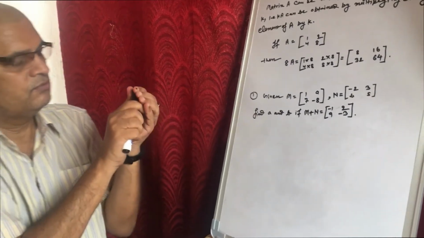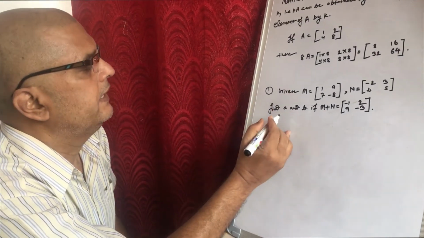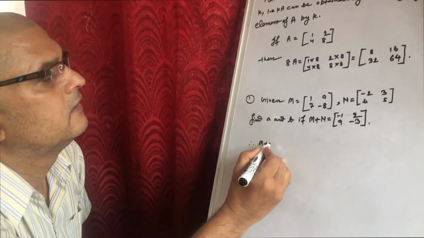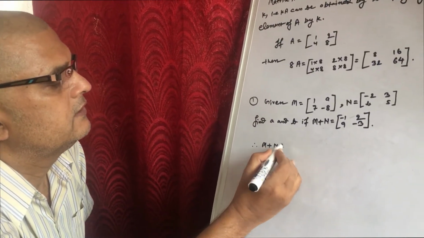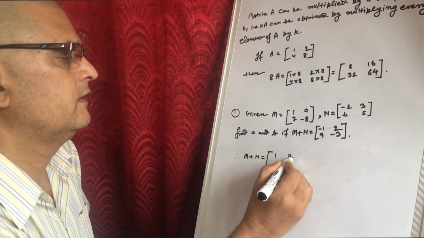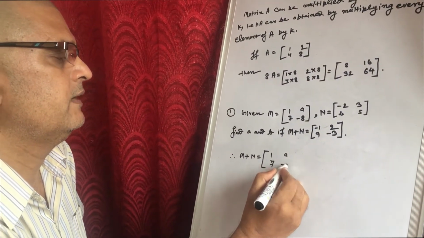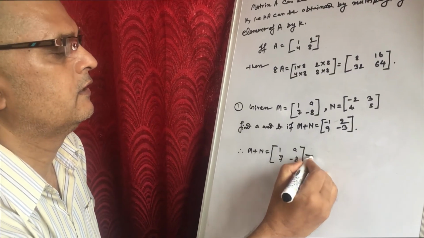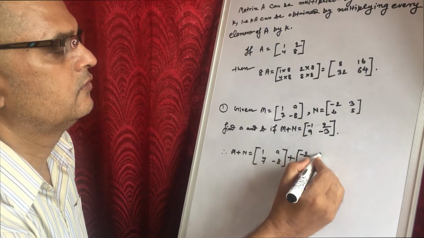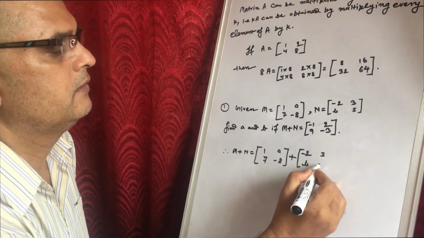So what I have to do? M plus N is equal to 1, a, 7, minus 8 plus minus 2, 3, b, 5.